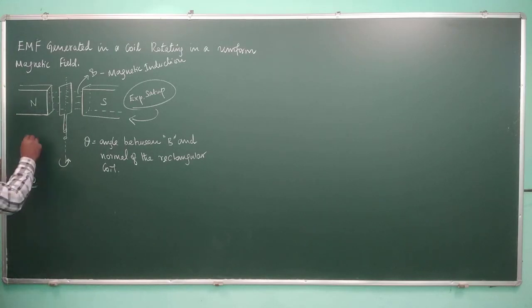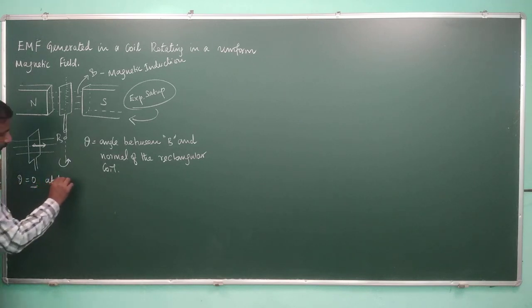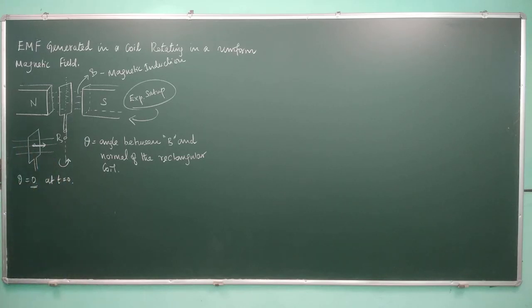This is the conducting wire, not current carrying, and this is the direction of the magnetic induction B. In the same direction the normal of the rectangular coil lies, so the angle theta between the magnetic field line and the normal of the conducting coil becomes 0 now. So this is at time t equals 0, the initial moment, assume like that.